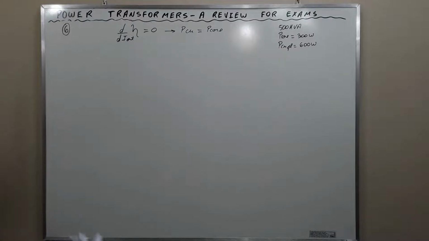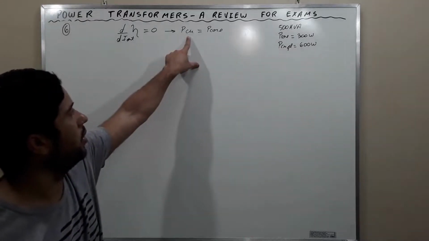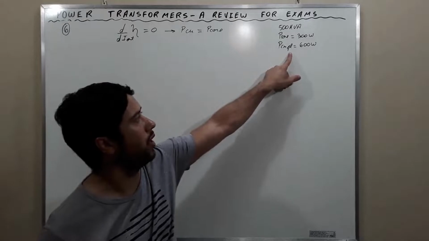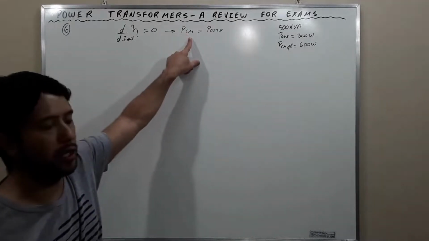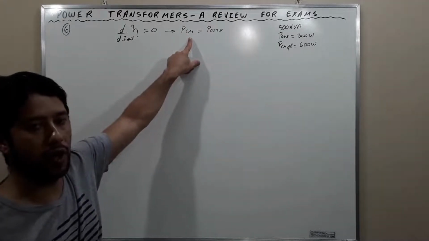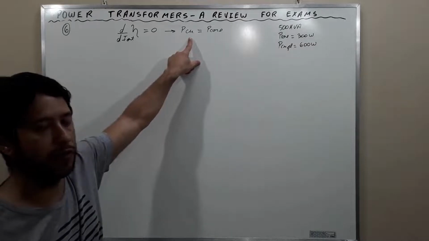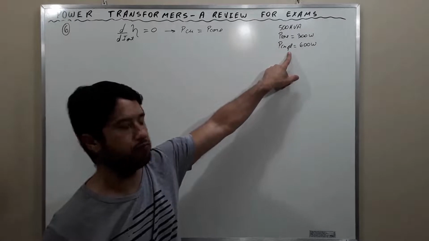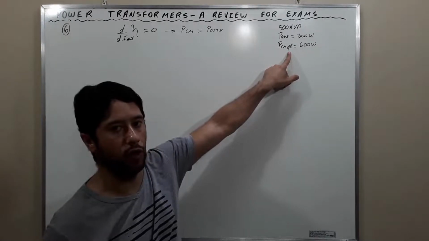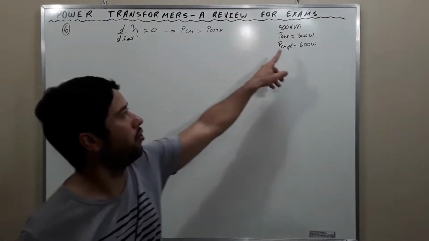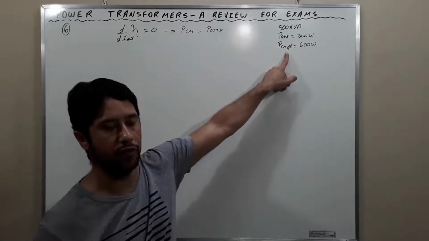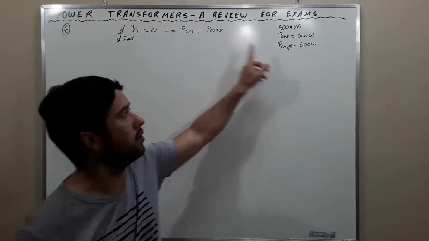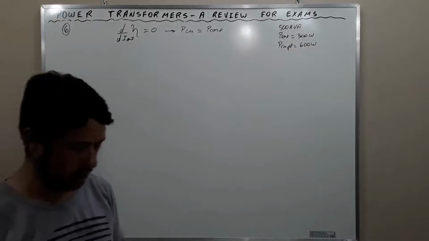This here is not this. The portion of the copper losses that enable maximum efficiency is not the copper losses at full load. This is only a fraction of this. We need to relate this with this to calculate.